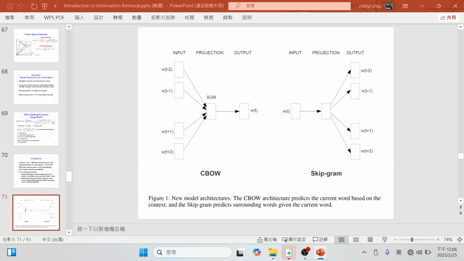Okay, in their experiment, skip-gram gets a better result than the continuous bag of words model. In their paper they guess that if you just use a little information, just a few pieces of information to train your model, you make your model stronger.